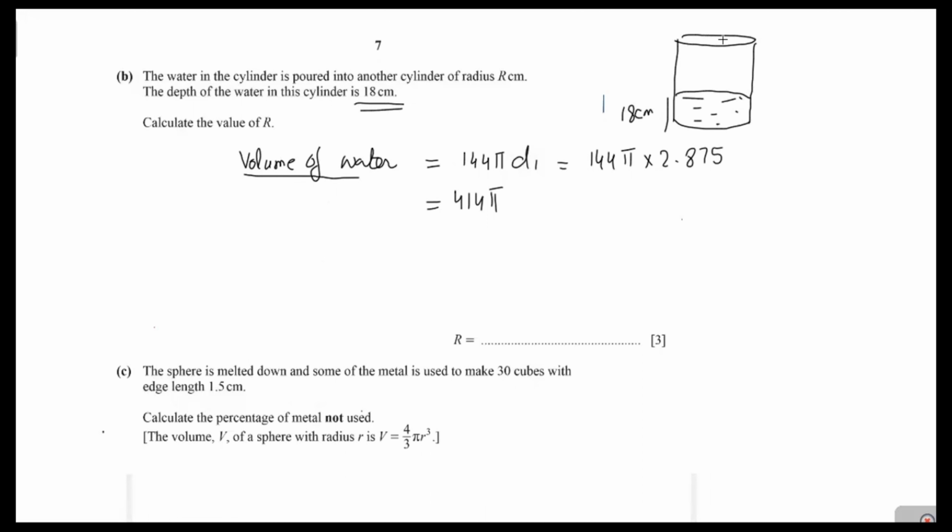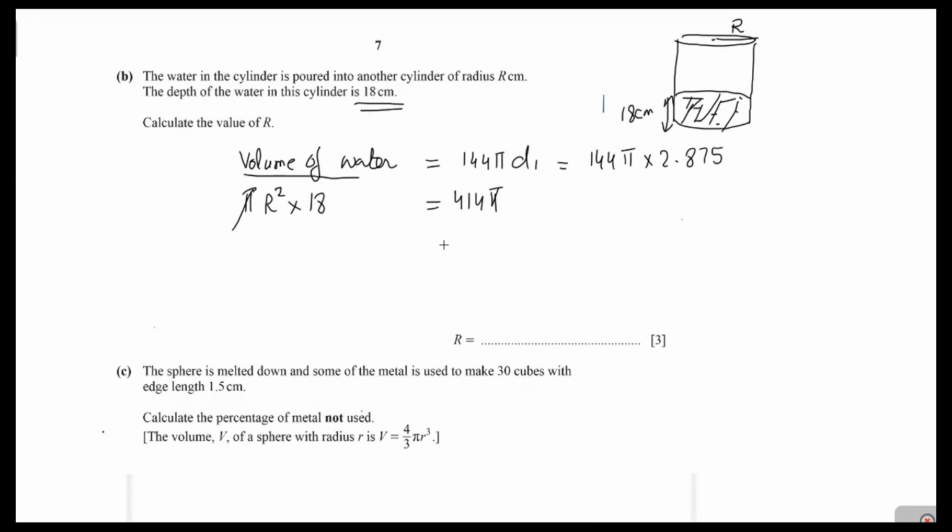Now we have to find the radius of the cylinder. Therefore, this volume of water equal to the volume of this cylindrical region. The volume of this cylindrical region will be equal to pi r square h. H is the depth of the water. This is 18.